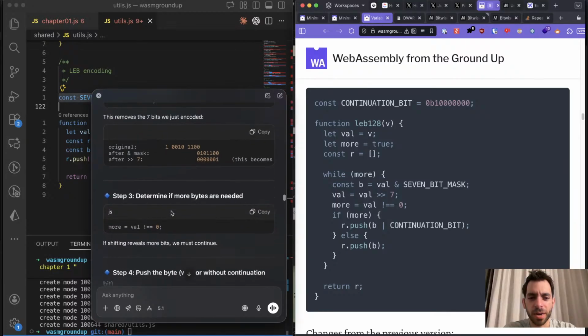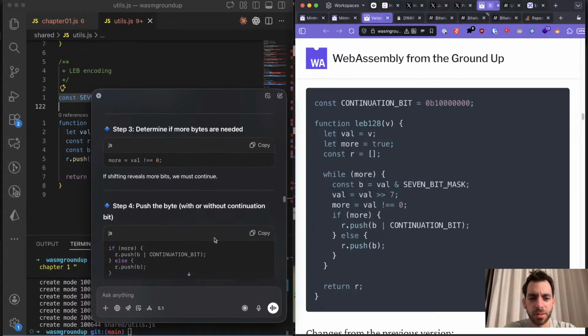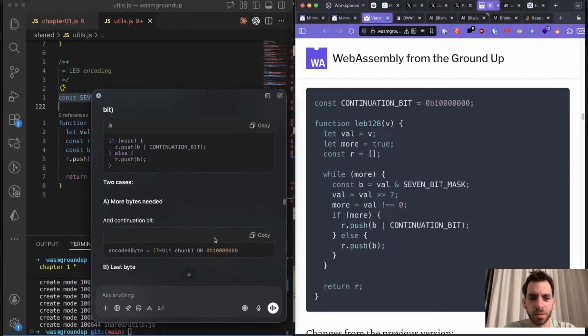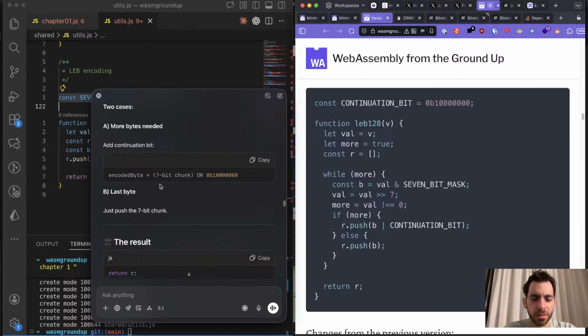Then where I'm actually lost is what this continuation bit is doing. Two cases. Add the continuation bit.